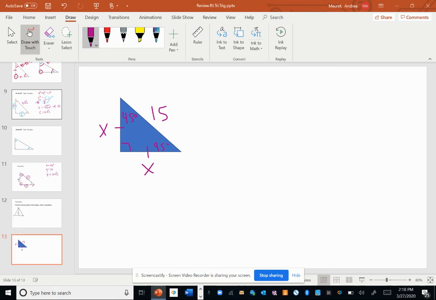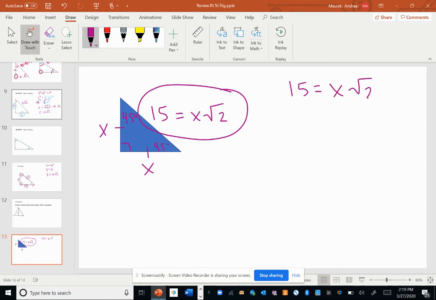And in comparison to the x, I know that the 15 is equal to x root 2 from the relationships I just found. So now notice this is actually an equation. So if 15 is equal to x times the square root of 2, then I can solve for x by dividing by the square root of 2 on both sides.